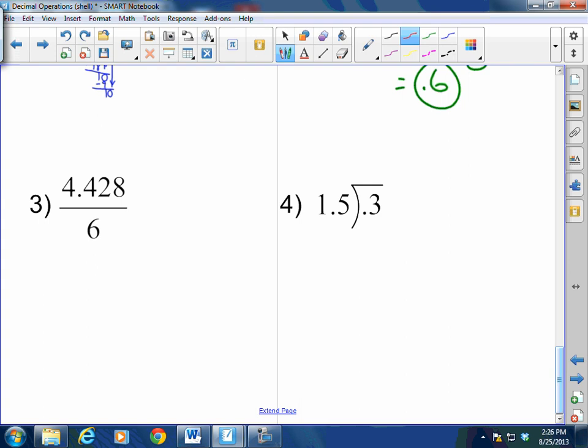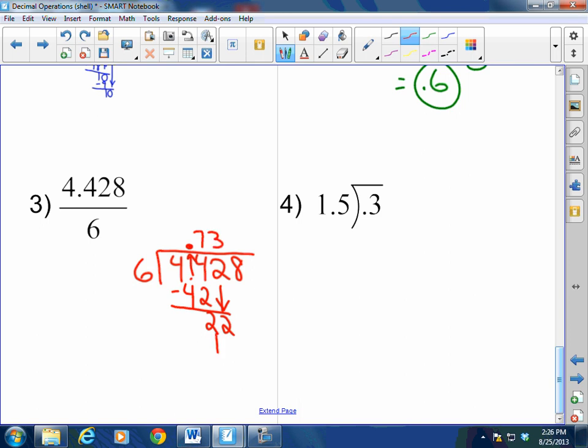I've got here 6 on the outside and 4.428. So that's 4.428 divided by 6. Bring up that decimal immediately. Make it a habit. 6 goes into 44 7 times. That's 42. Just subtract. Bring down the number to the right. 6 goes into 22 3 times.